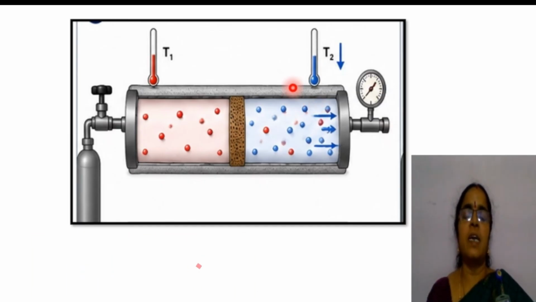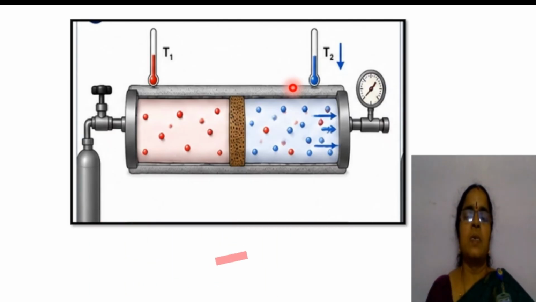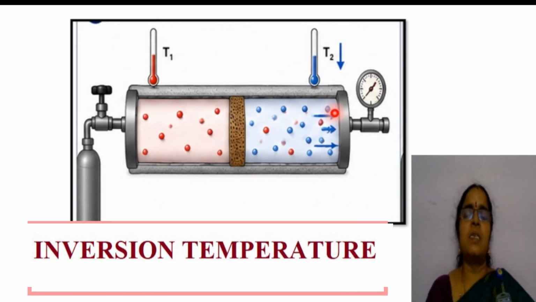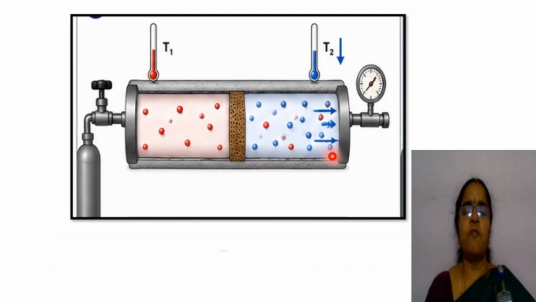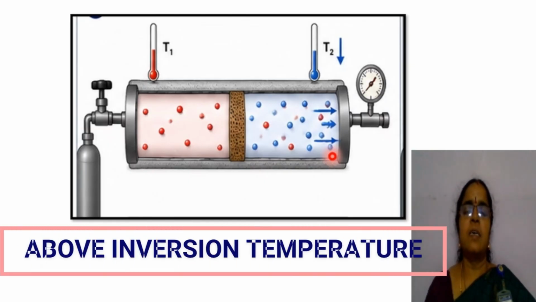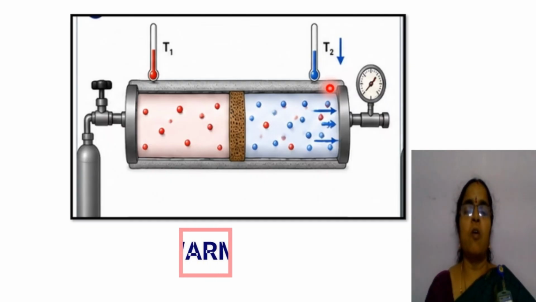In one case, at a particular temperature, during the adiabatic expansion of a gas, no heating or cooling effect is observed. That particular temperature is called the inversion temperature. If the experiment is performed at a temperature above this inversion temperature, the adiabatic expansion always accompanies a warming effect.